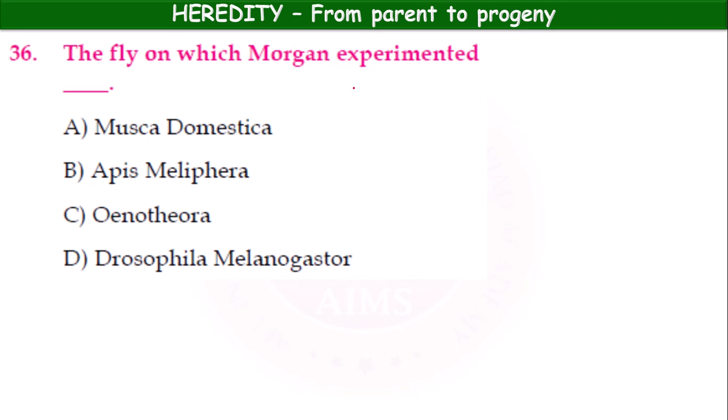The fly on which Morgan experimented. T.H. Morgan did so many experiments on a fly: Musca domestica, Apis mellifera, Onetheria, or Drosophila melanogaster. This is the fly on which Morgan conducted experiments.